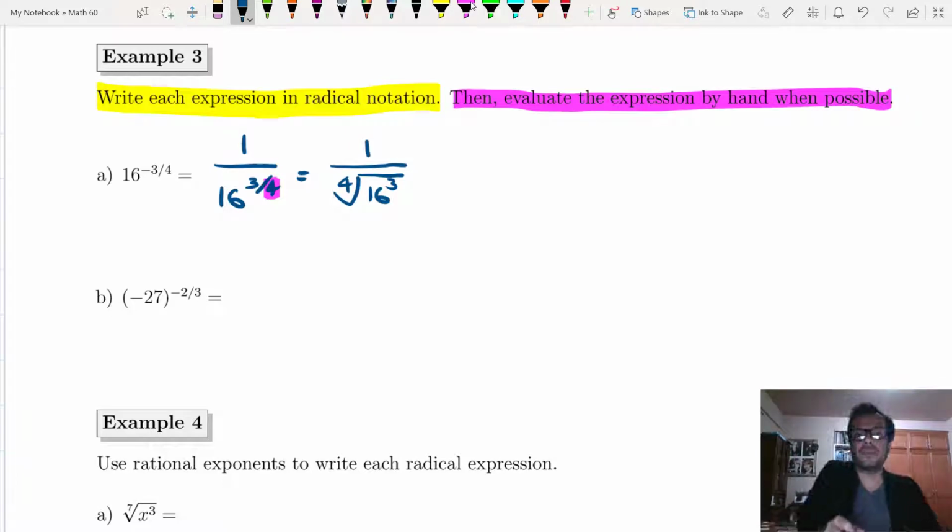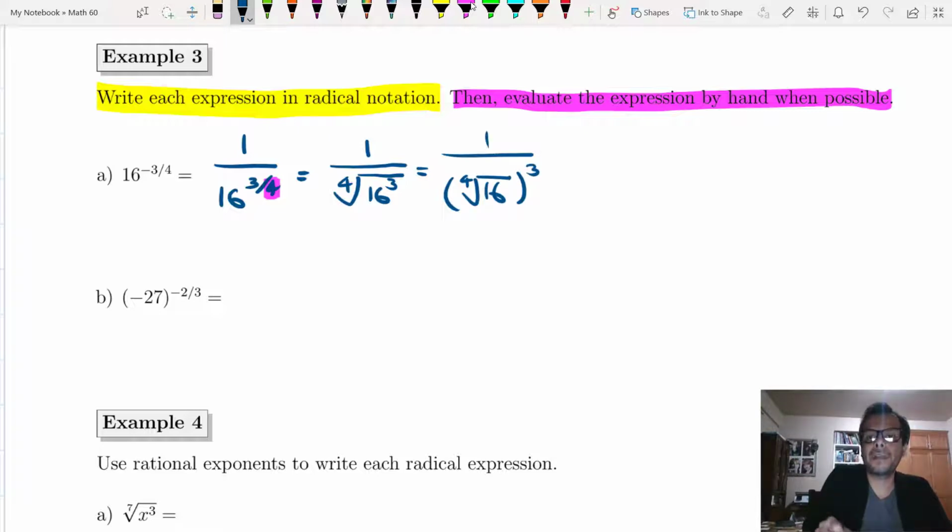Okay, and then what do we do from here? Again, keep in mind that this version is the hard one. Let's do it the easy way. Let's change the other notation to the fourth root of 16, and then raised to the third power. Now, the quantity I'm going to highlight here is going to give us the fourth root of 16.